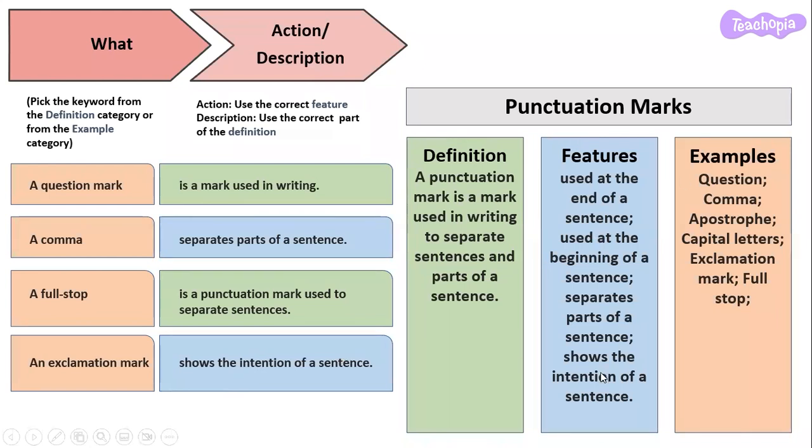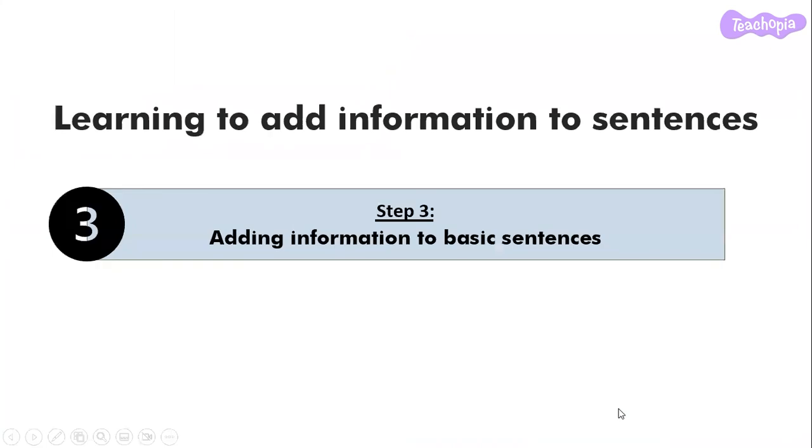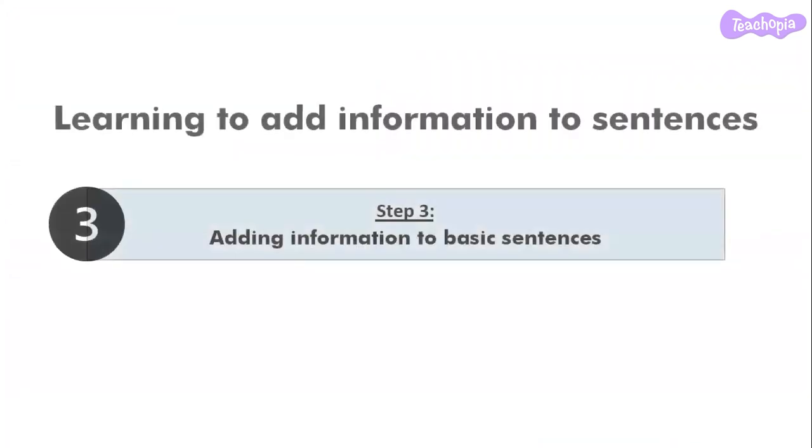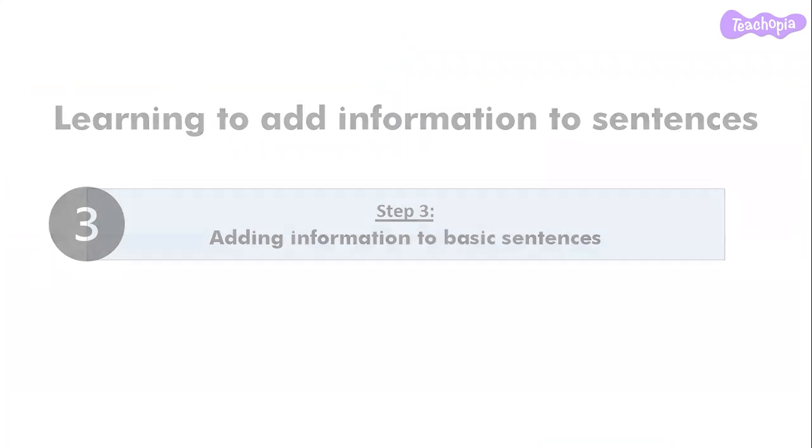Here, shows the intention of a sentence is a feature of punctuation marks borrowed from the features category. So as you can see, creating a vocabulary category can help us in constructing our sentences and making it very meaningful and very informative. Now let's move on to step 3, adding information to basic sentences.